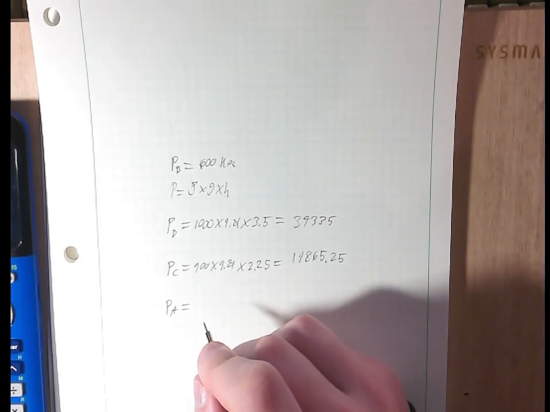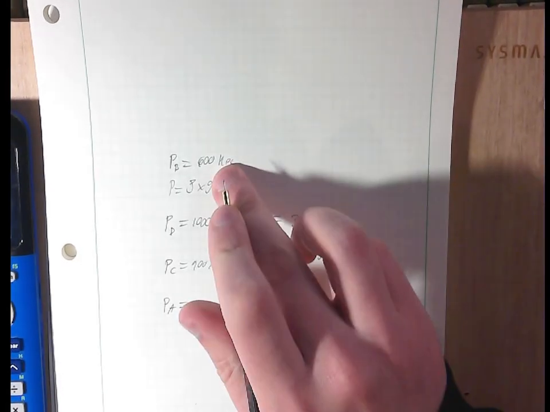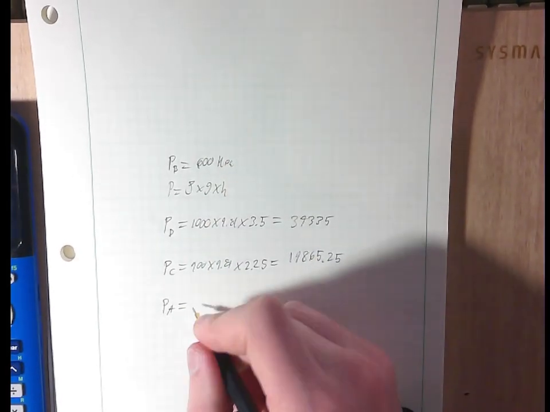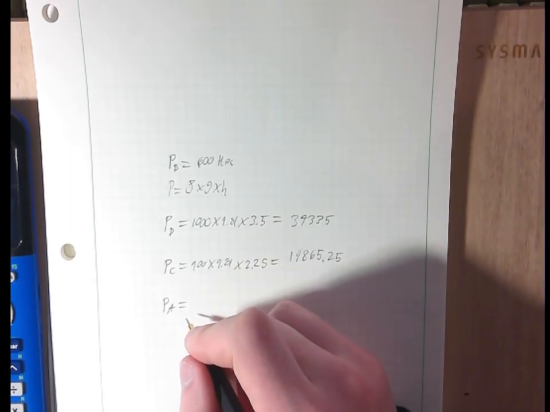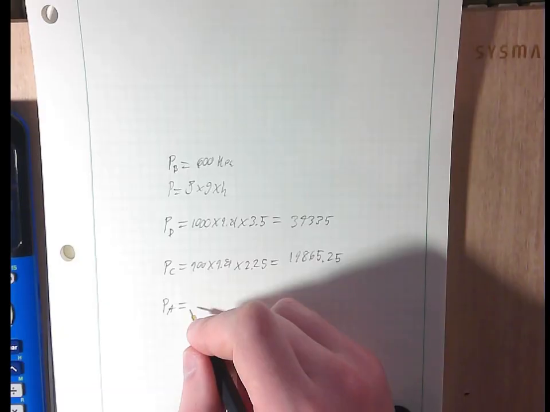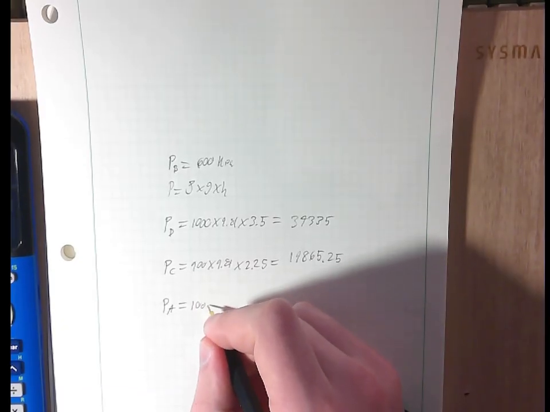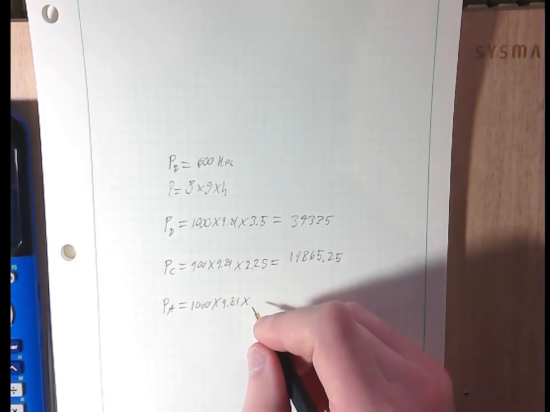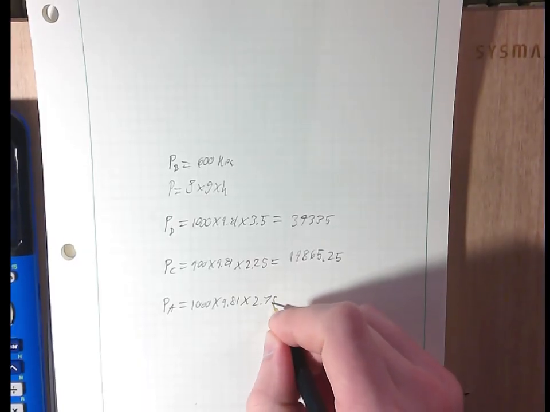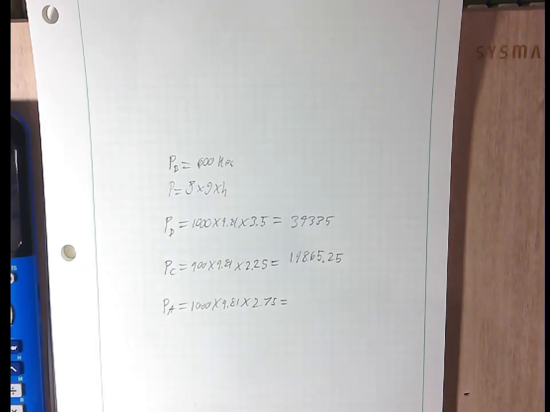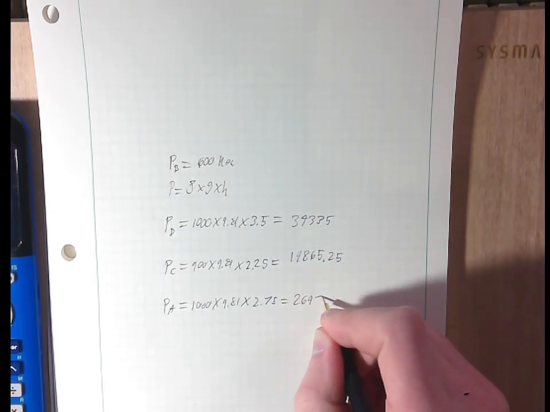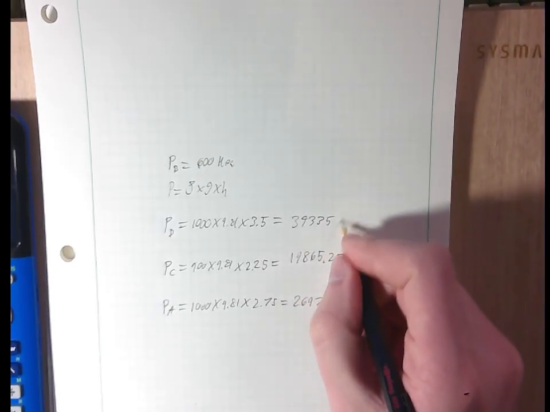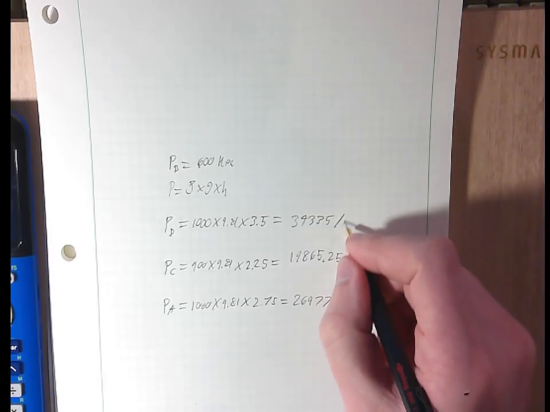Oh, shoot! Is it really that simple? This is going to be all in Pa. That's in kPa. Well, let's see. I think it might just be that simple. Let's just divide each of these by 1,000.